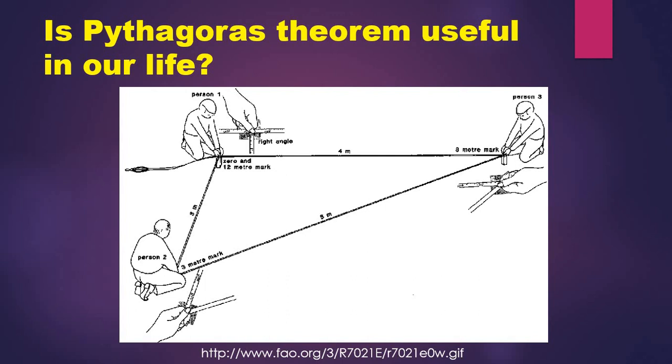They use strings or ropes with lengths corresponding to the Pythagoras theorem, as you can see in this image. If the sides of a triangle correspond with the Pythagoras theorem, it is always a right triangle. Thus, people use a combination of lengths like 3, 4 and 5 and get 90 degree angles at the corners of the building.